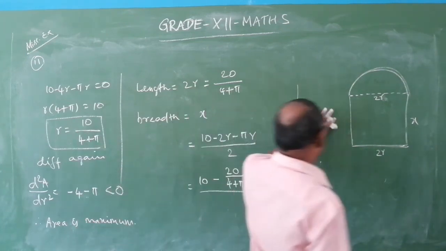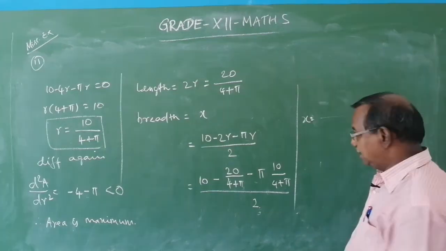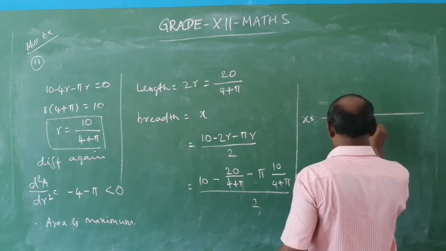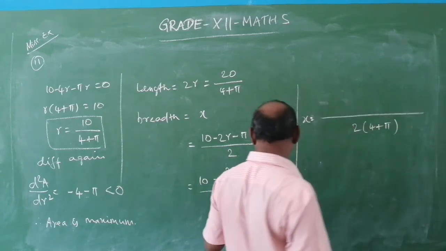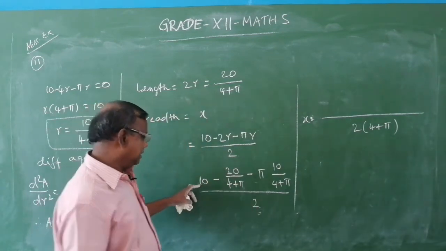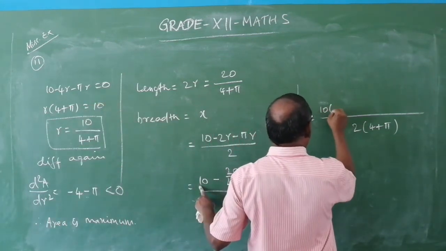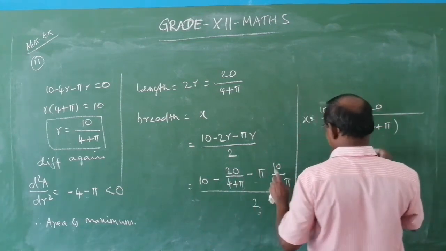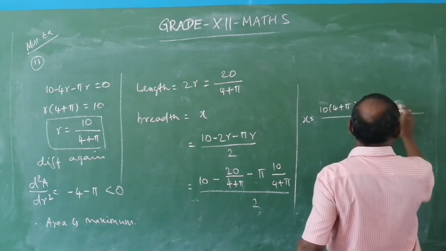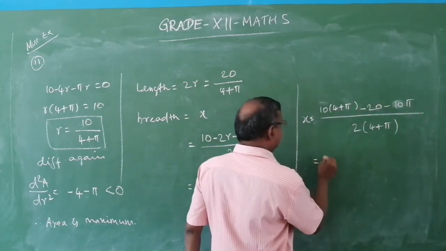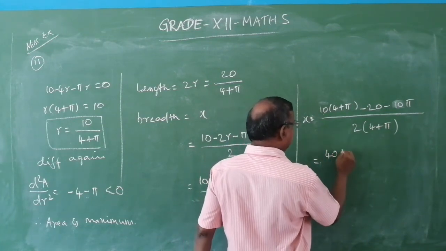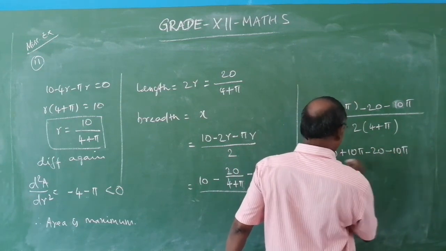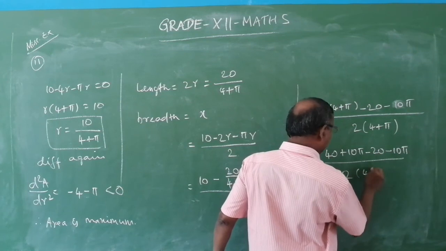Now taking the LCM and simplifying this, the denominator becomes 2 into (4 plus pi). So the numerator is 10 into (4 plus pi) minus 20 minus 10 pi, that is 40 plus 10 pi minus 20 minus 10 pi, divided by 2 into (4 plus pi).